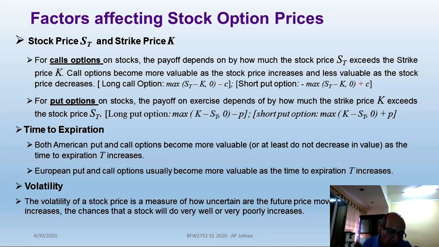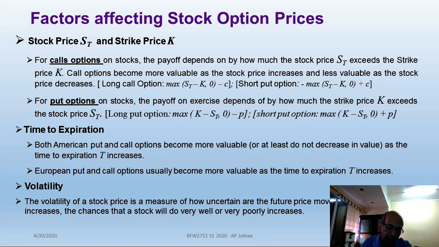If it falls, you can buy it in the market lower than K. But if the ST is above K, what are you going to do by exercising at K today? You have to pay that amount of money and buy the stock immediately. Are you going to immediately sell it? If you are, you might as well wait. It is human greed that will wait for it to go up further if it is in the bullish direction.